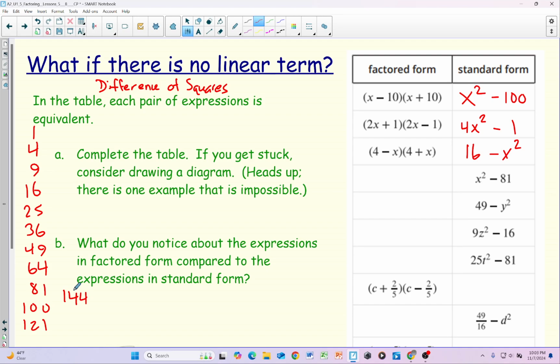So one big key to dealing with the difference of squares is you need a difference. So you need a subtraction. Notice how all of these standard forms all have a subtraction. And you'll need both terms to be a perfect square. So it either involves an x squared, a y squared, or it's going to have one of these numbers in it.